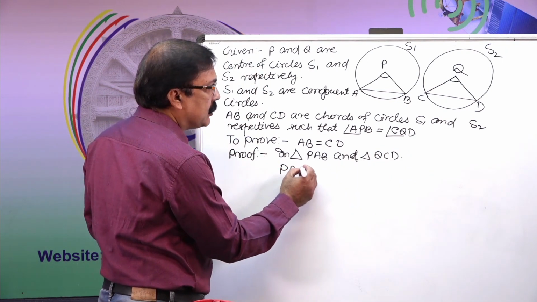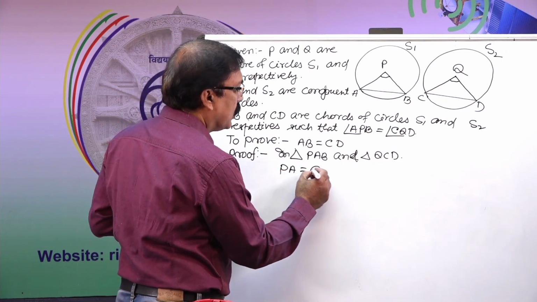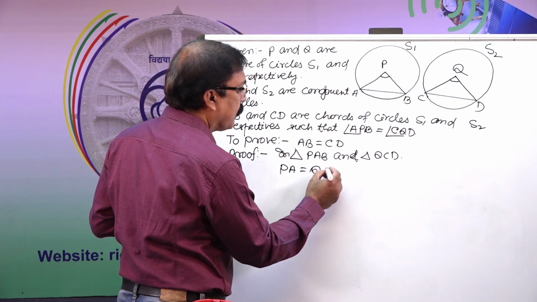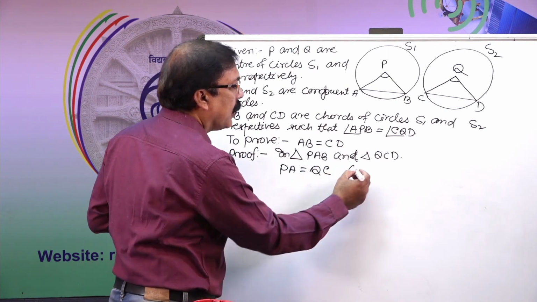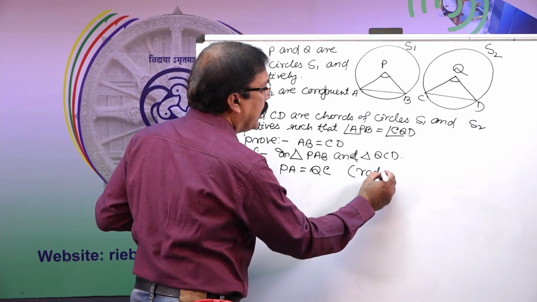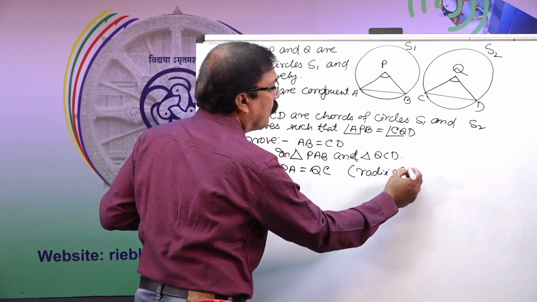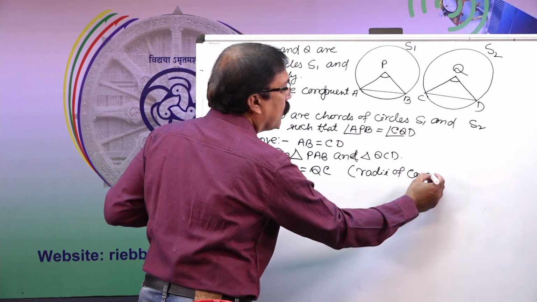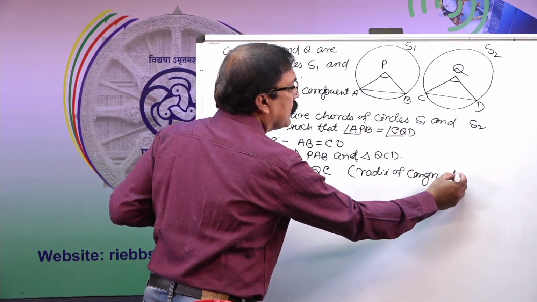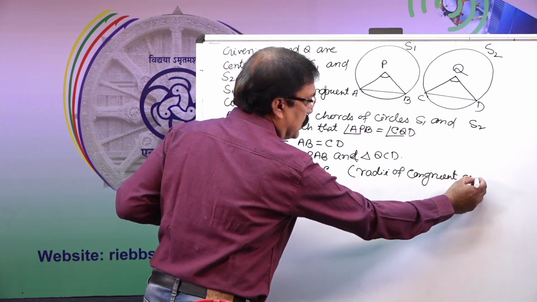PA is equal to QC, radii of congruent circles.